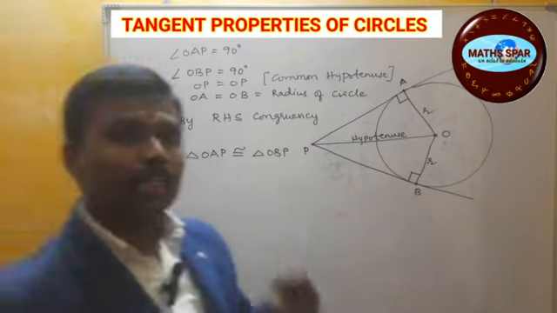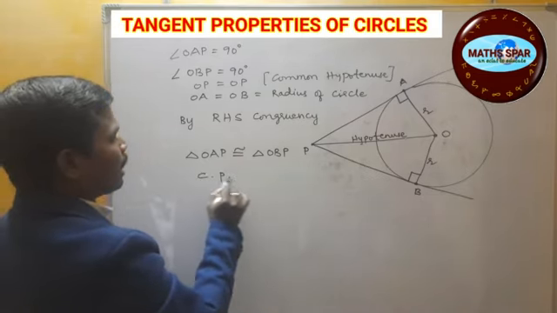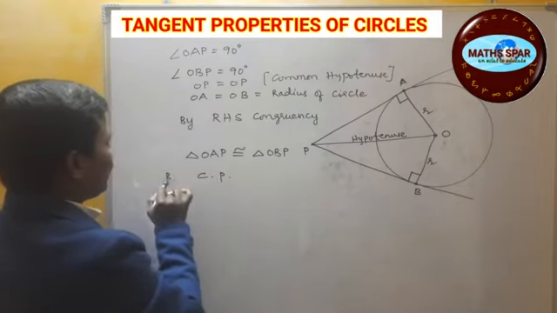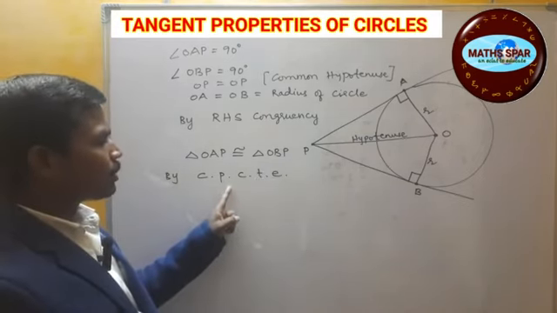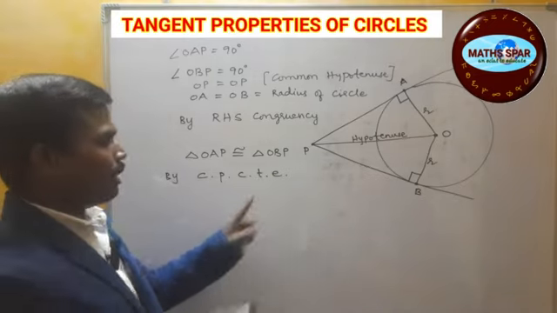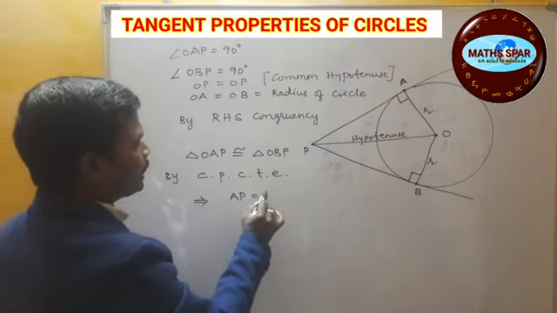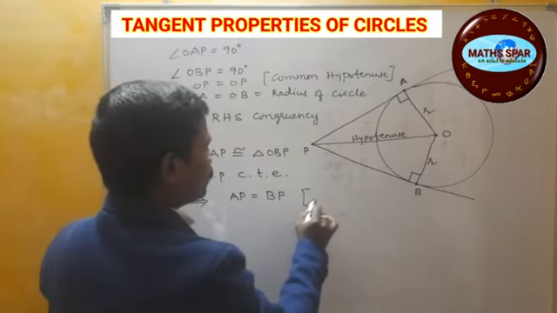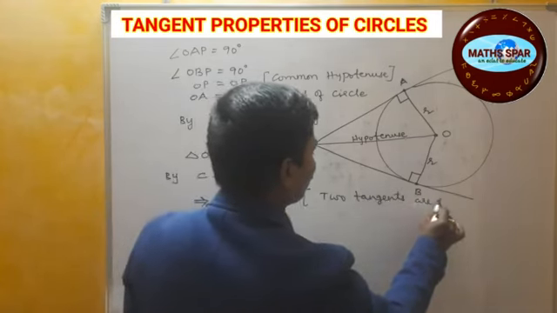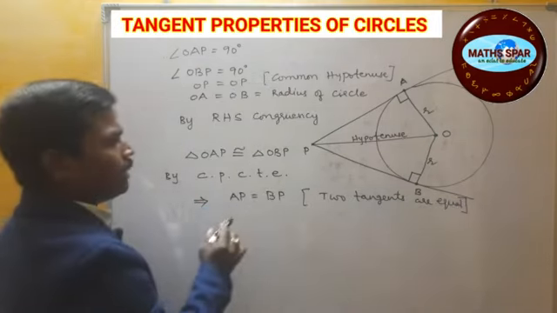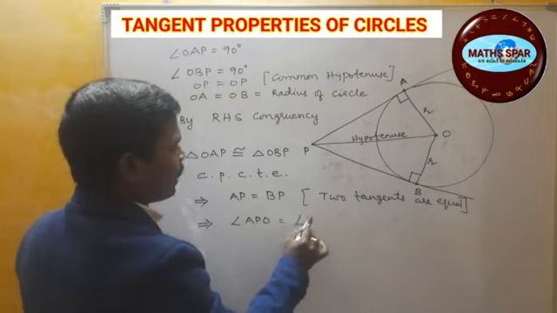When two triangles are congruent, their corresponding parts are equal. So by CPCTE, that is, corresponding parts of congruent triangles are equal, we write AP is equal to BP, that is, two tangents are equal. Then angle APO is equal to angle BPO.